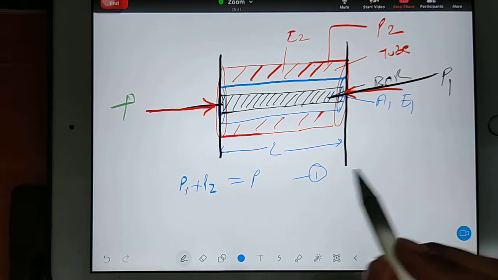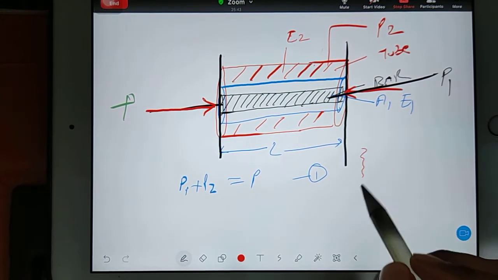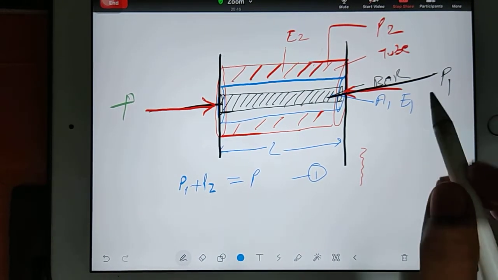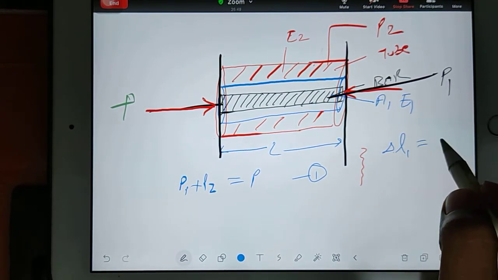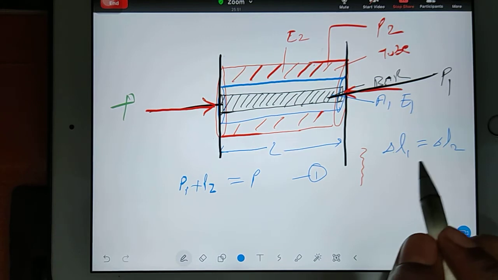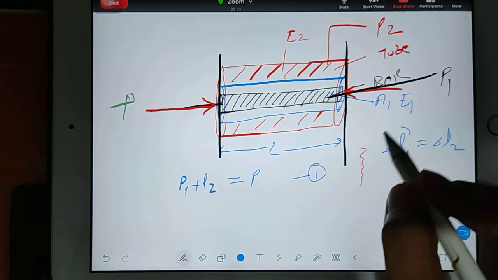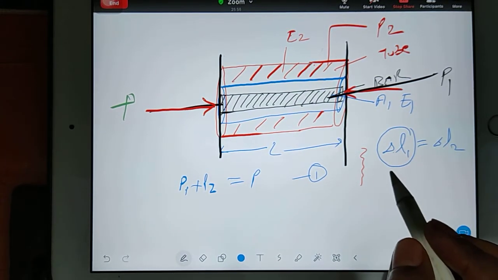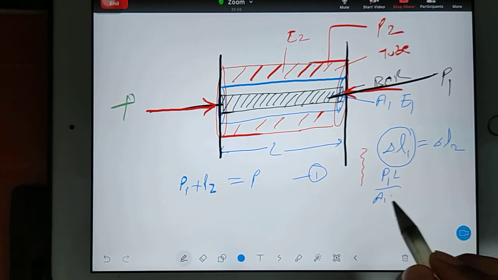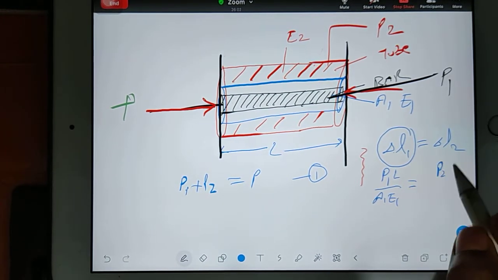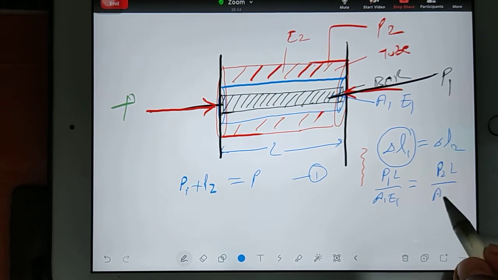And after that, one great concept is they both will get compressed the same amount. So change in length of the black bar and change in length of the red color bar will be equal. How will you write this change? You apply the concept: P1 L by A1 E1, in the same way P2 L by A2 E2.